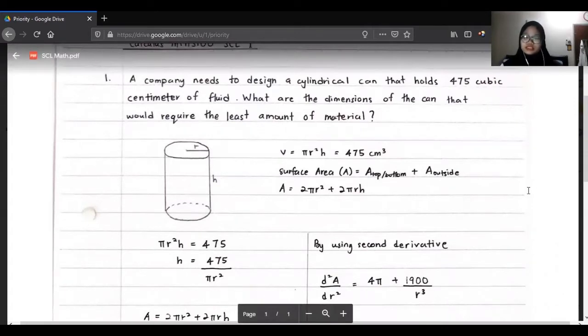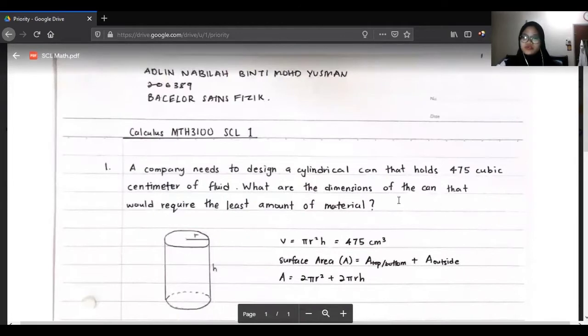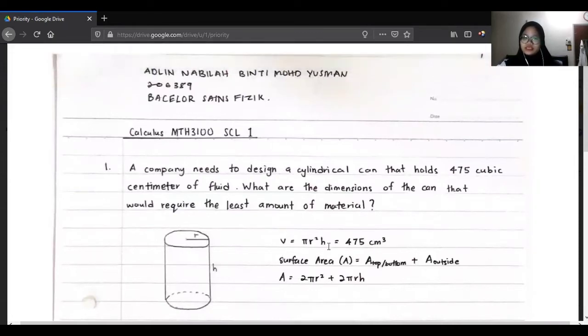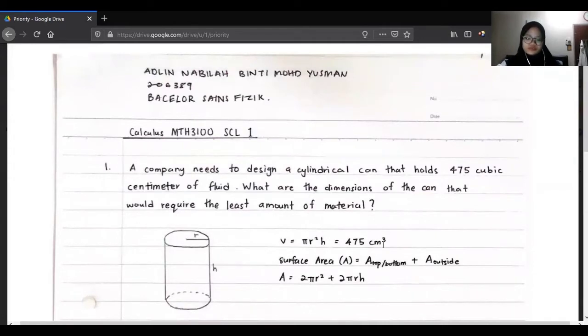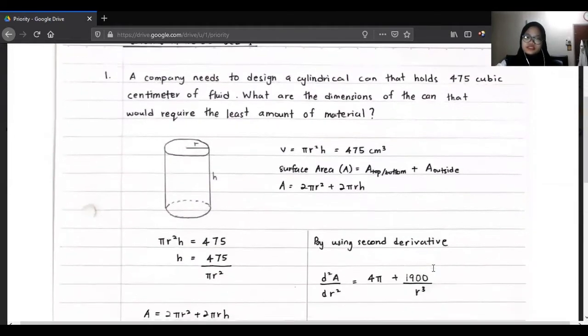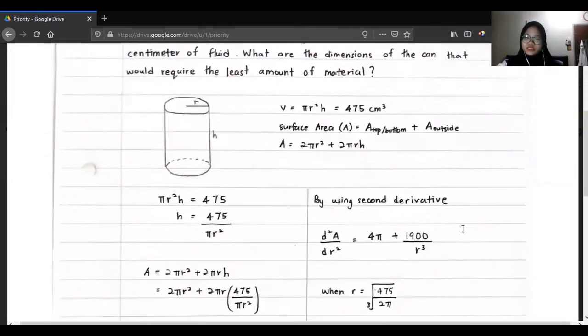And then we list the constraints, which is based on the question, they stated the volume. So the volume for a cylindrical can is pi r squared h, which is equal to 475 centimeter cube. Second, list the objective function.